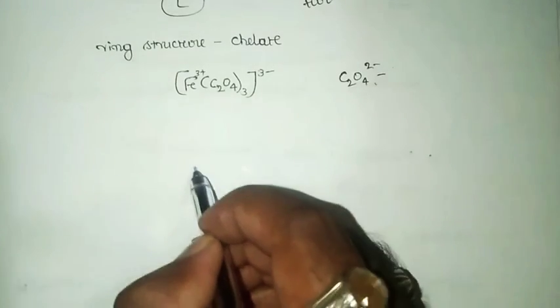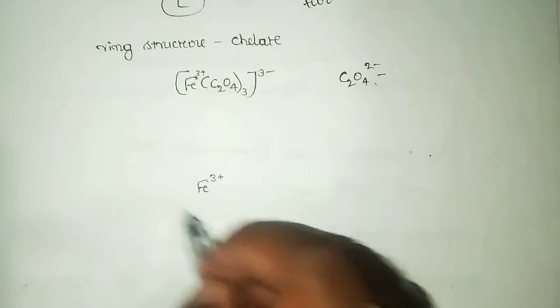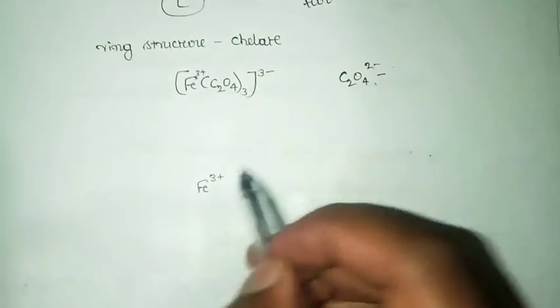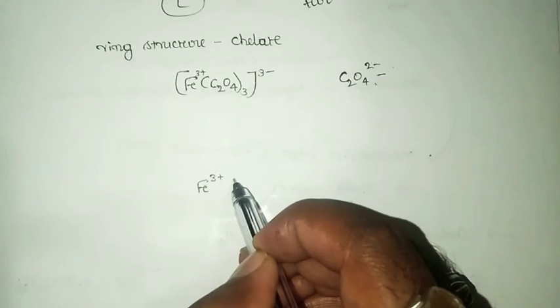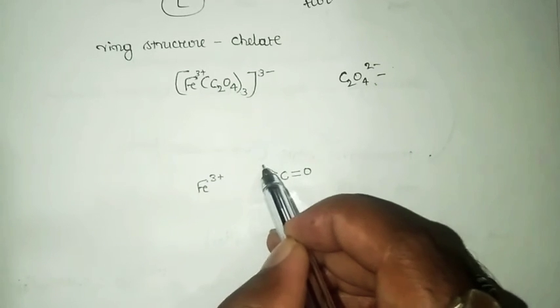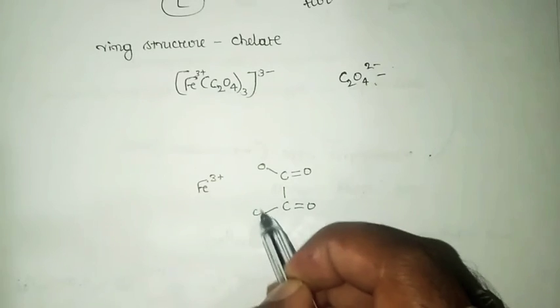So here Fe3+ will be present at the middle, since we have taken this as the central metal ion, and with this Fe3+, the oxalate, so C double bond O, O minus, C double bond O, O minus.